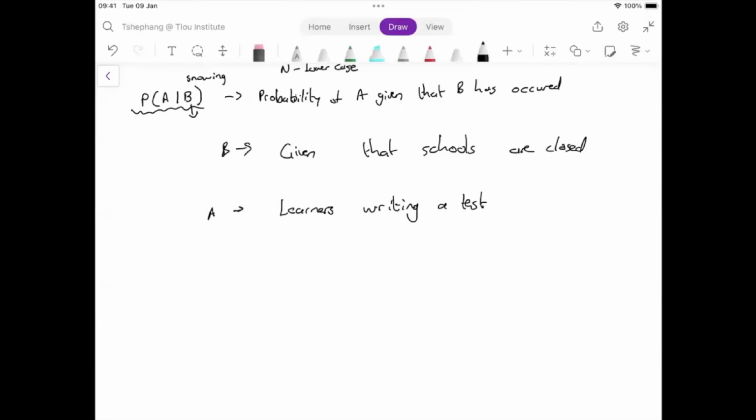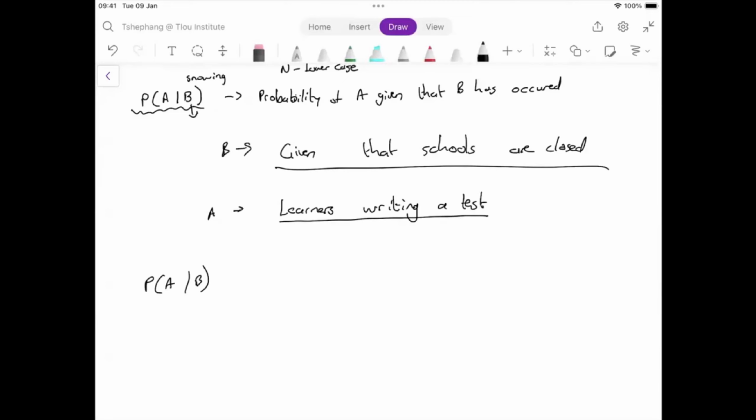Those are two conditions. Then I can pose this question. What are the chances of learners writing a test? So if I say the probability of A given B, this simply means what are the chances of learners writing a test given that schools are closed?